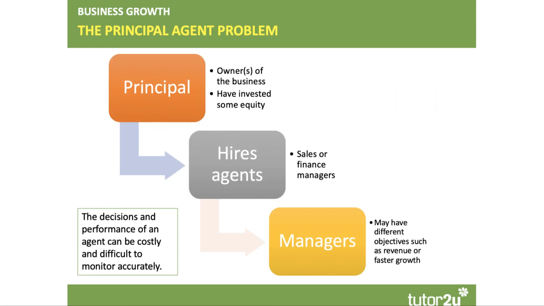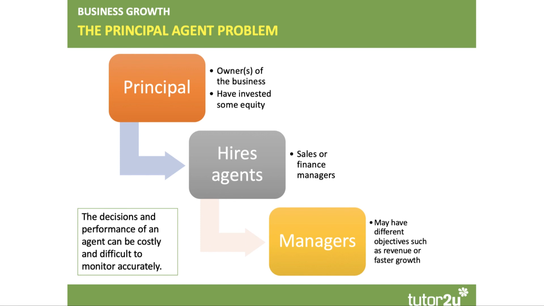The principal agent problem is the idea that there could be a gap between the aims of managers and the owners. In small businesses, the owners are typically managers, so they oversee the operational and strategic decisions. And the owners have a strong interest in profit maximisation because it's the basis of their wealth. The principal agent problem exists when the owners of a business, we call them the principals, and they've invested equity in the business.